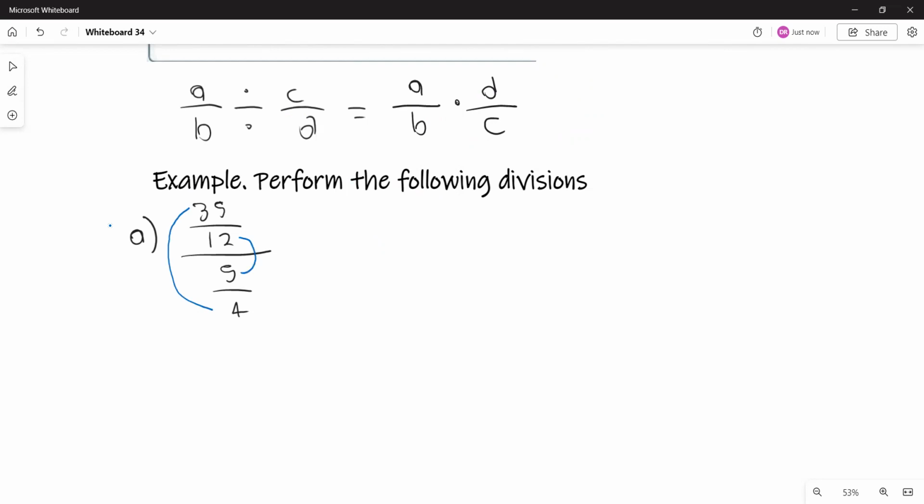The product of the outside numbers is 35 times 4, and the inside numbers 5 times 12.